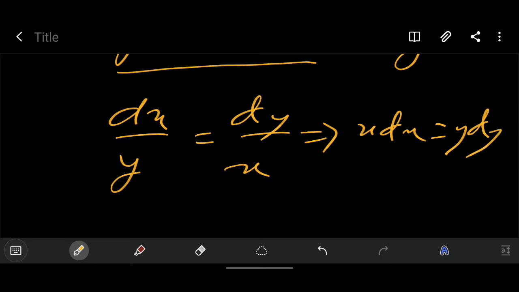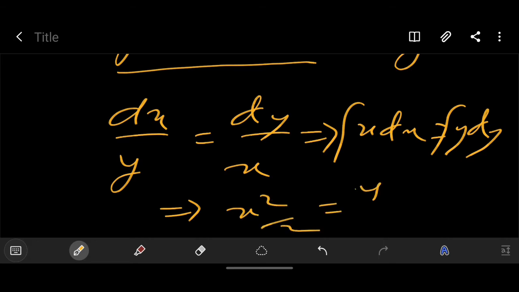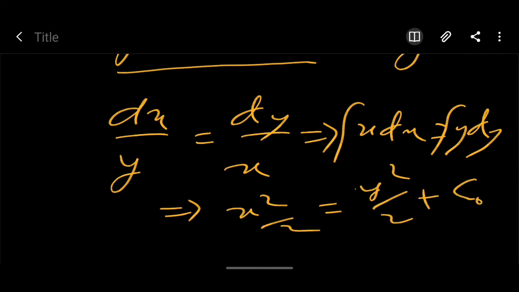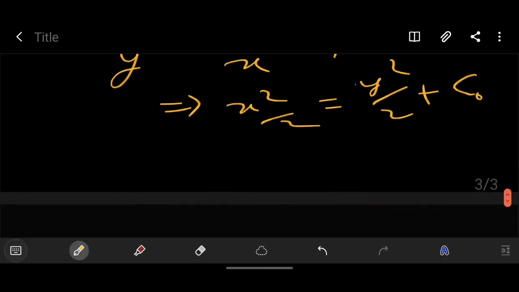So if we integrate this, we can have x squared divided by 2 equals y squared divided by 2 plus, let's call it c naught, the integration constant. If we multiply the whole thing by 2, we get x squared, and y squared let's take on the left hand side, so x squared minus y squared equals 2c naught, right?